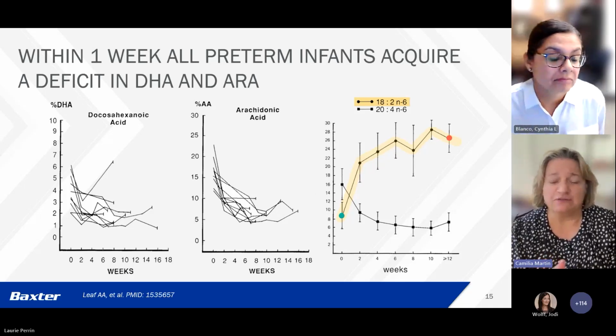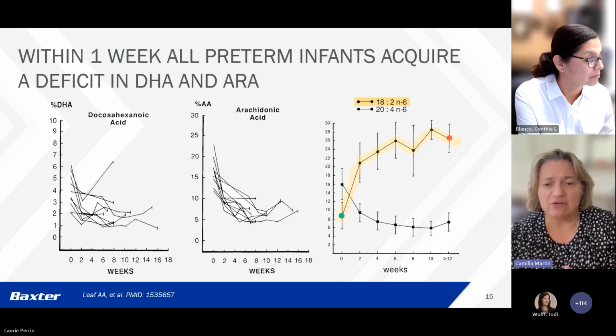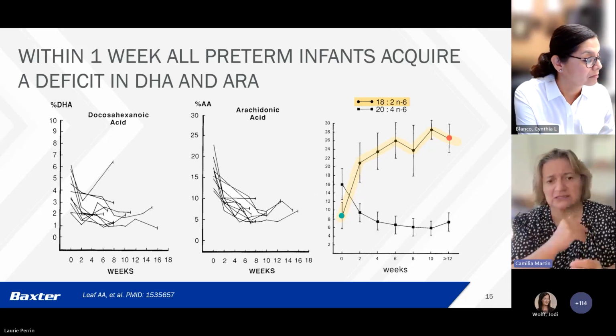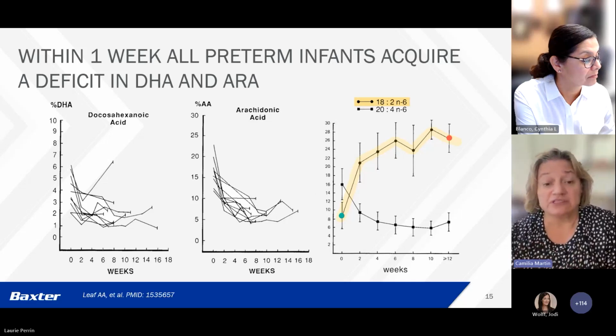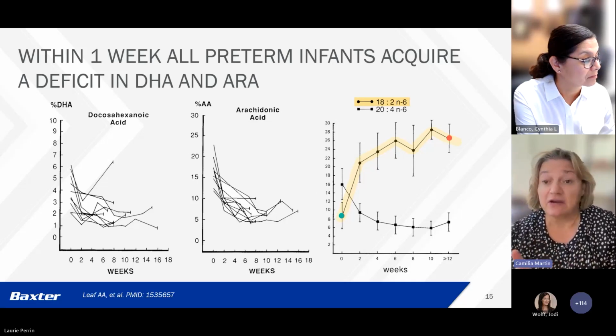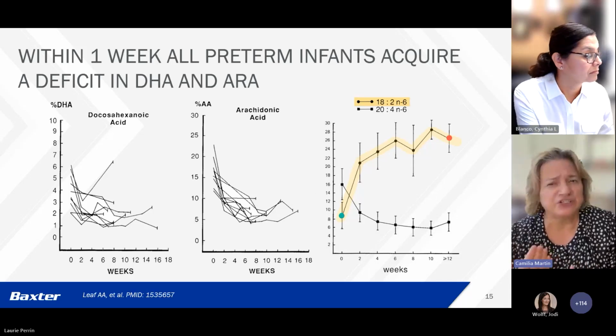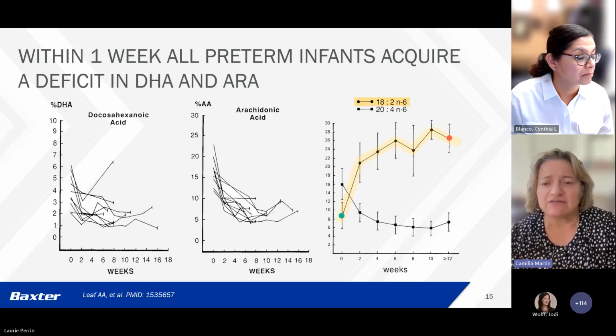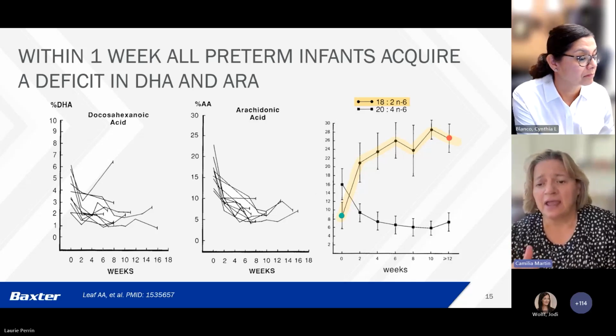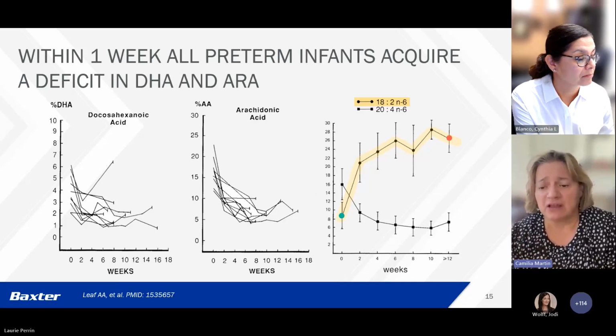This was one of the first studies that I recall seeing, I believe in 1992, Allison Leaf, where you see these patterns. There were slightly differing nutritional practices because it was a while ago, but in general, you're seeing these early deficits in DHA and ARA. You're seeing LA having that tripling of elevation.